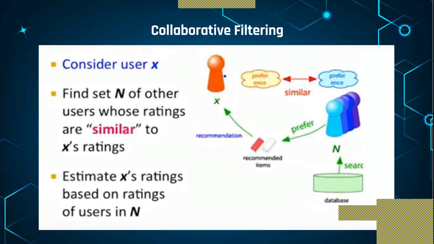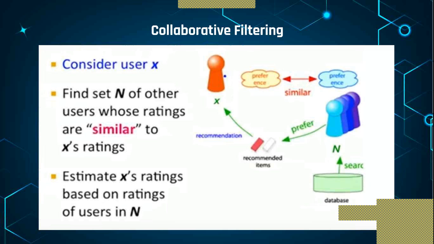So good morning class. In the last lecture we have seen what is collaborative filtering. In the last lecture, we have seen if any user X is logging into any online shopping website, for example the Amazon website, we have to find some collaborative or similar users who have some similarity.